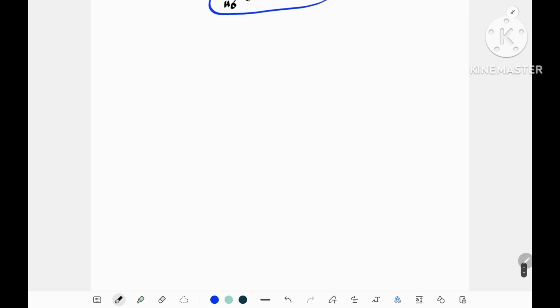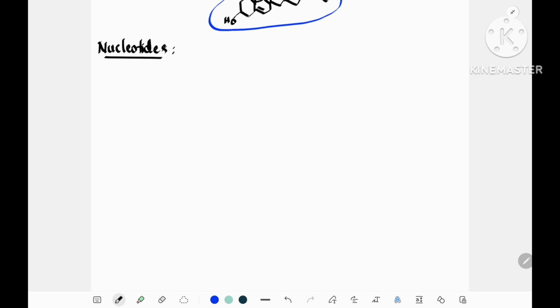Now let us study another interesting biomolecule found in living systems: nucleotides. Nucleotides are also carbon compounds, which means they are also biomolecules, because in initial classes we discussed that all carbon containing compounds are called biomolecules.